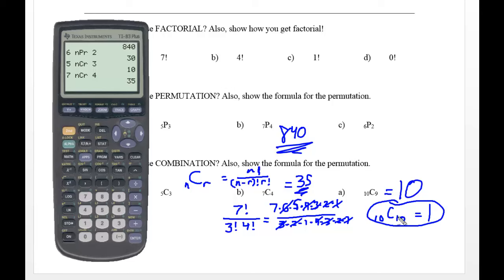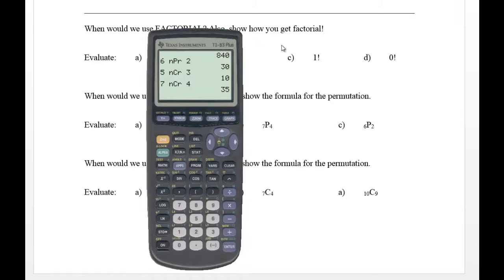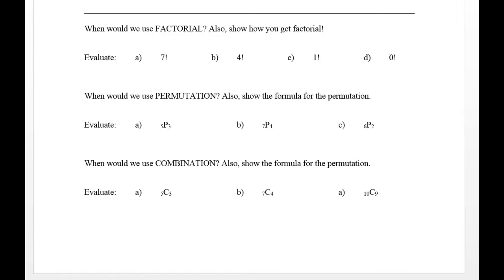Now, the last thing I have to leave you with is that this section of the test is going to be very special, because we will have a part of it where you have to tell me if a problem is either factorial, permutation, or combination. The way to do that is to identify if the problem is asking for some of the items or all of the items. If you're looking for all of the items, we're definitely dealing with factorial, because this is all the items in order.